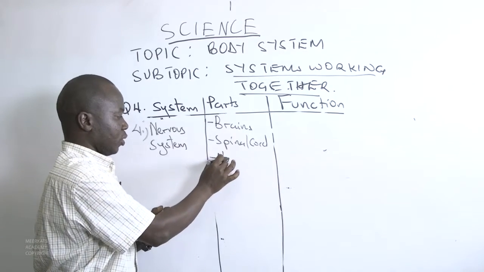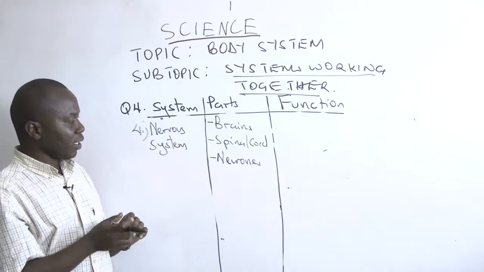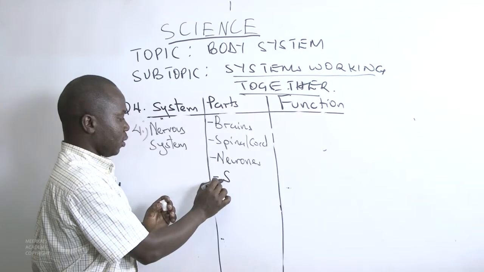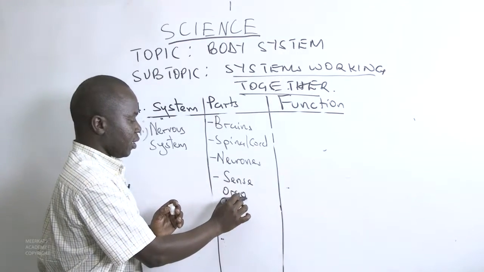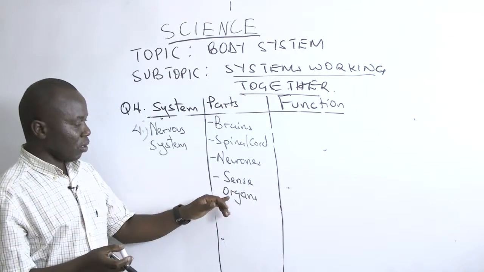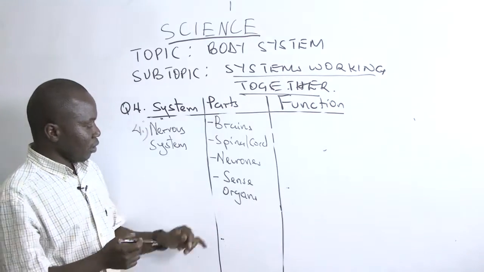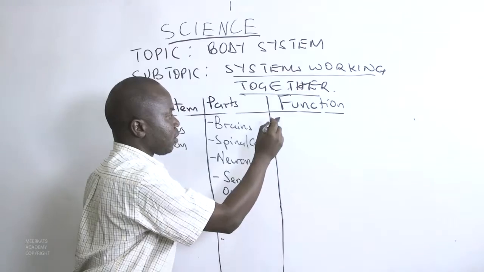We have neurons. Remember neurons, these are nerves or nerve cells through which impulses are transmitted. But again, very important, we have sense organs, where we have the receptor cells so that they can detect changes in the environment.